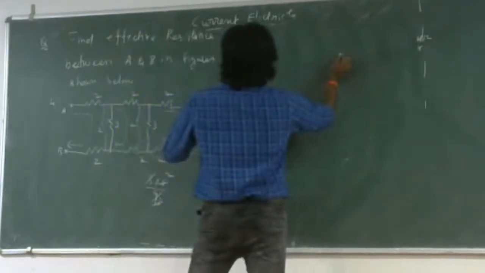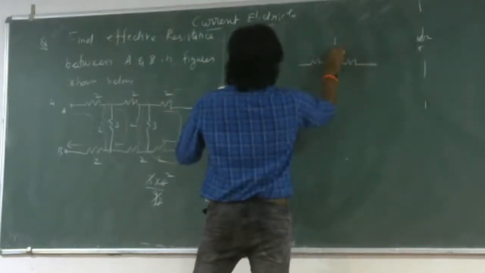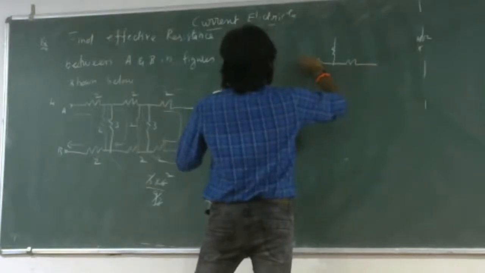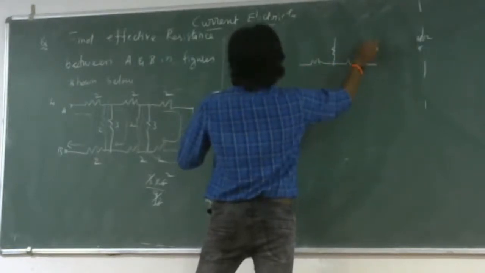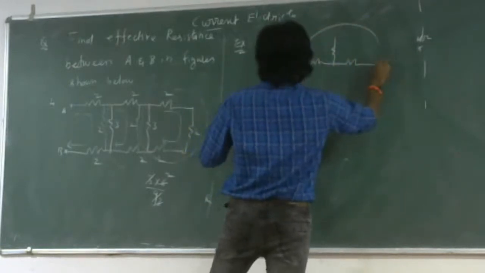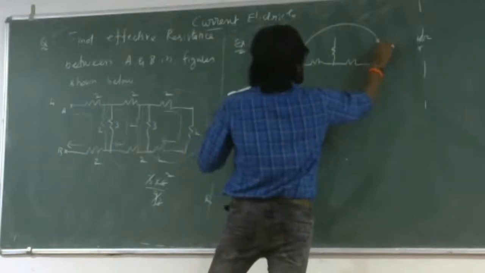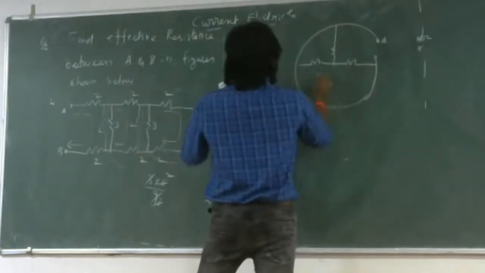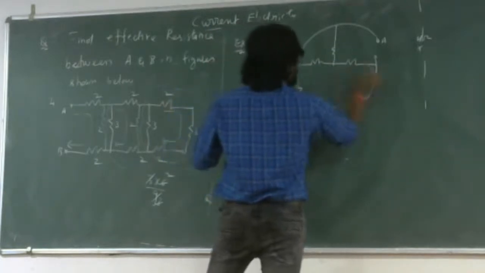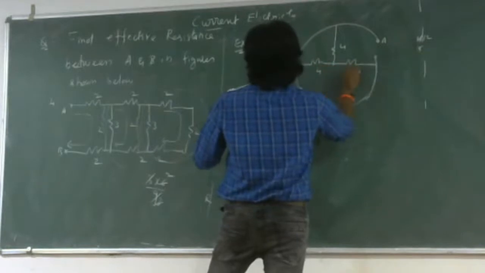Let us see. There are resistors connected in a circular structure like this. This is A, this is connected here, and one more resistor is connected here. This is 4, this is 4, this is 4.